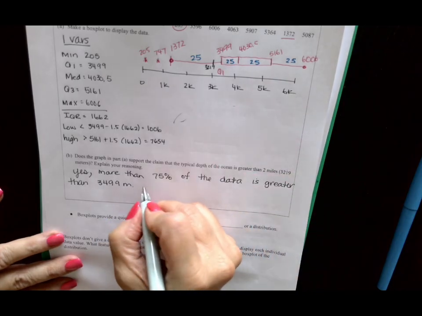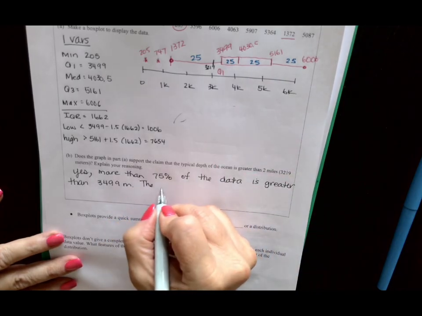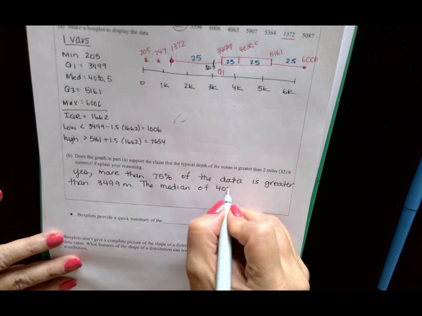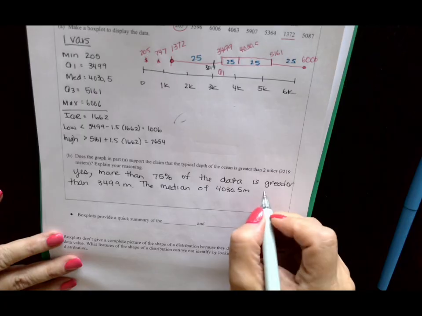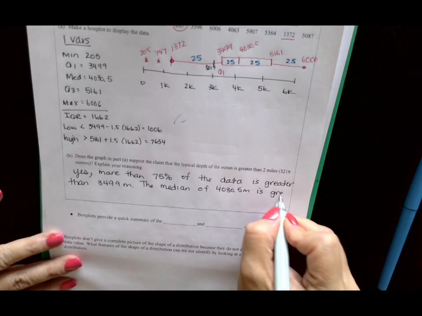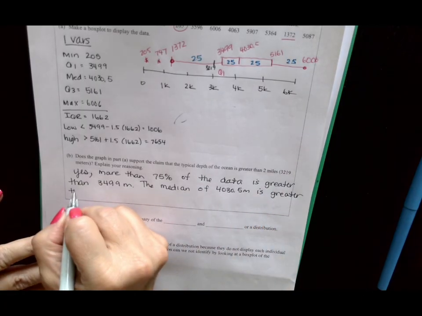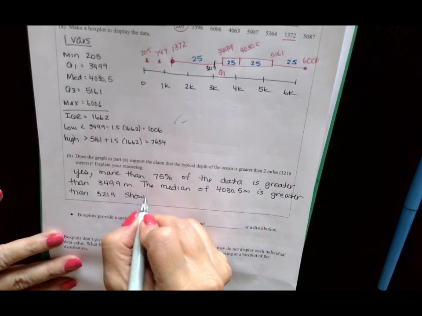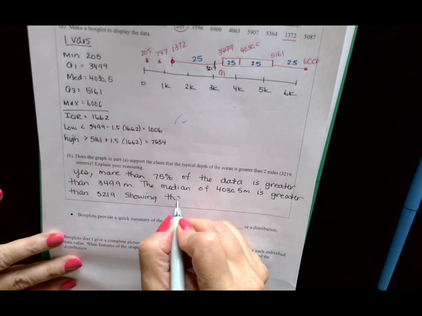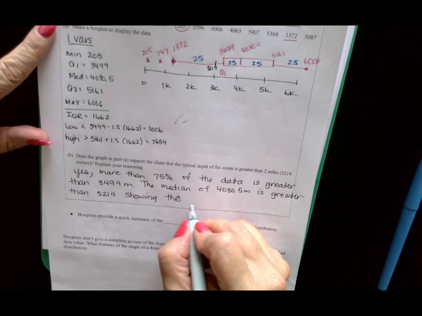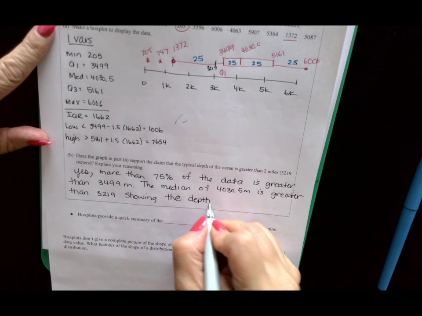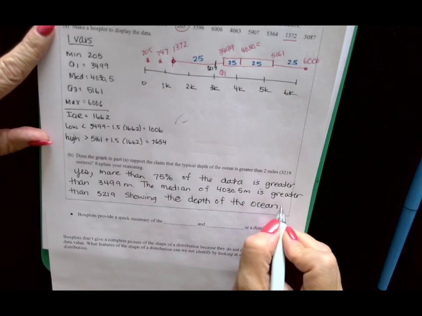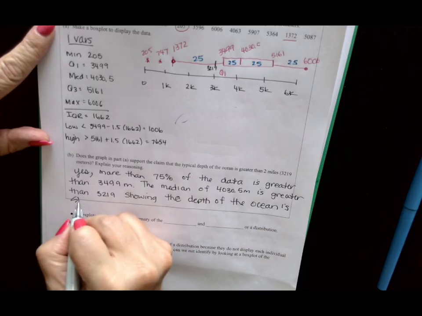So what we can say here is that the median of 4030.5 meters is greater than 3219, showing the depth of the ocean is skewed right.